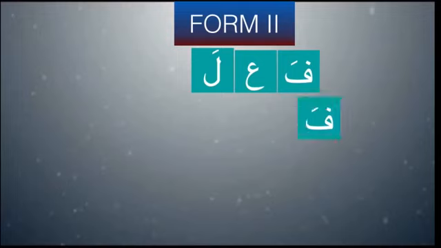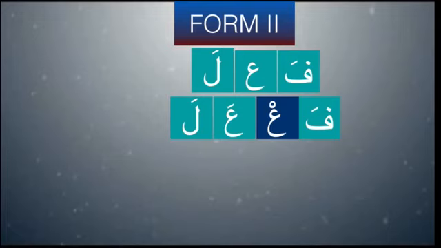Form 2, how it is formed: you bring your three-letter verb, and what happens to these three letters is that there is an addition. The fa kalima will retain its fatha, the ain kalima will have a fatha, and the lam kalima will have a fatha. The addition is the ain kalima with a sukoon, so it will be fa''ala. That is the madi.